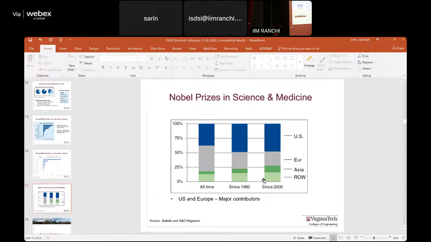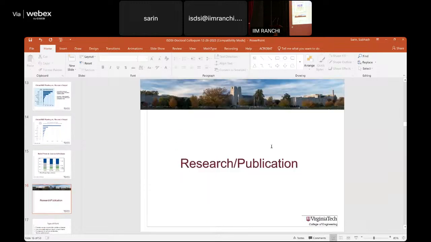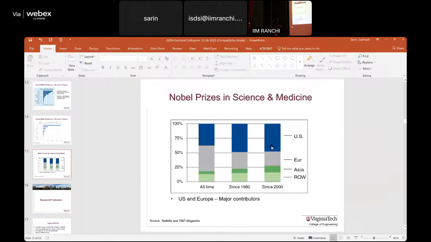This portion is increasing just a little bit, but still you can see that wherever more basic research goes on, that's where more exciting things are happening and more basic contributions are being made in science and technology. So the theme here is that in India, we are actually far behind.